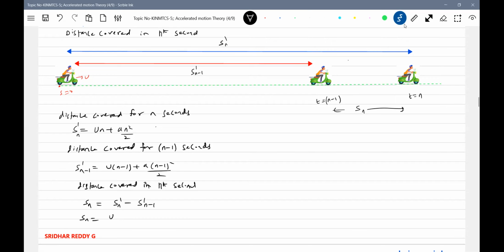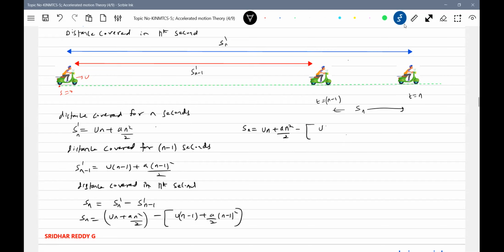Sn dash is equal to un plus an square by 2, minus of u into n minus 1. So this will be Sn is equal to un plus an square by 2 minus un plus u minus a by 2. Let me expand that, then I'll introduce the bracket.